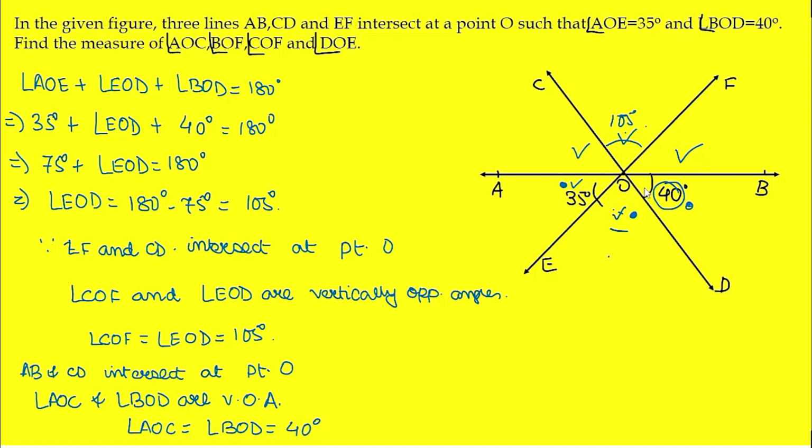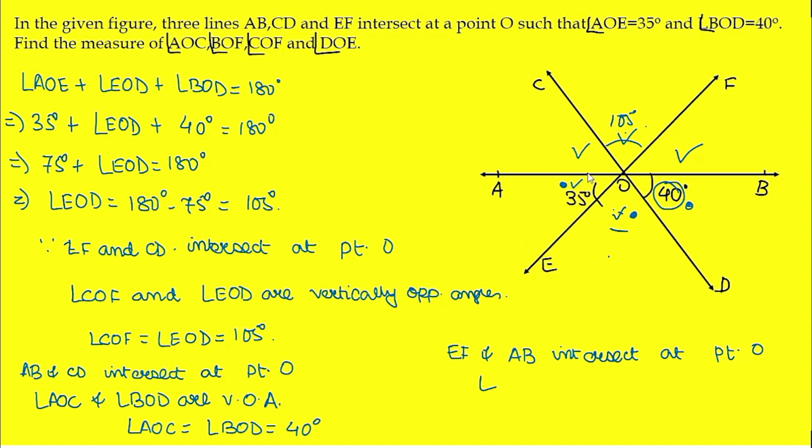Now, EF and AB intersect at point O. So angle AOE, this and this line intersect.